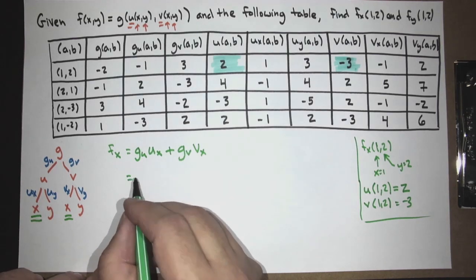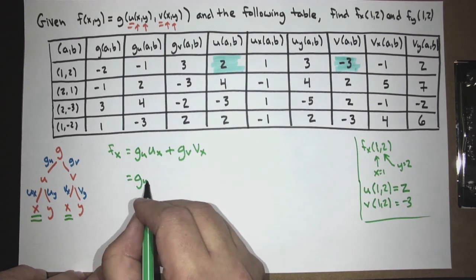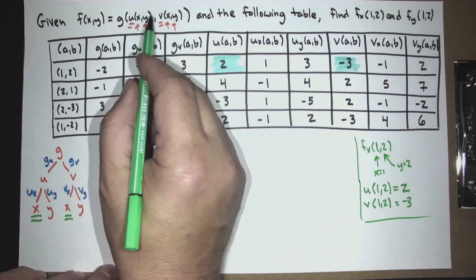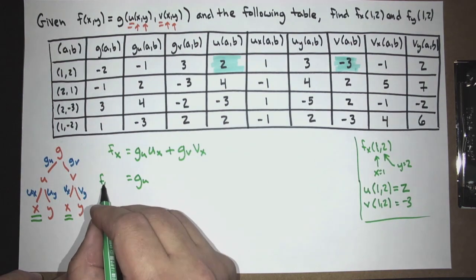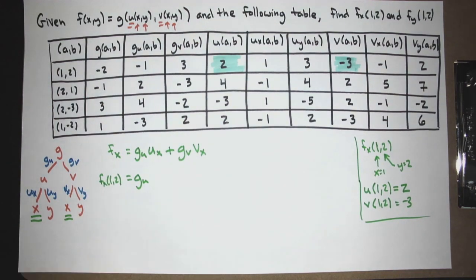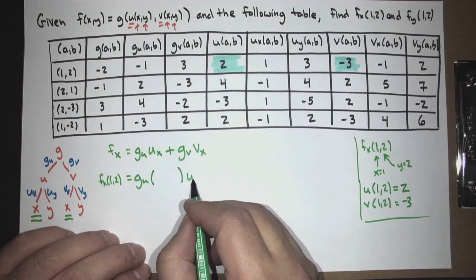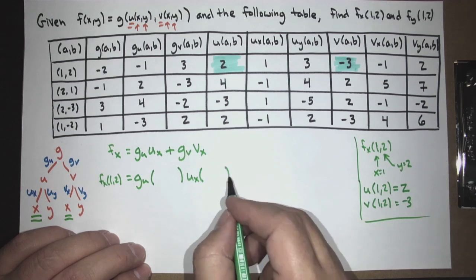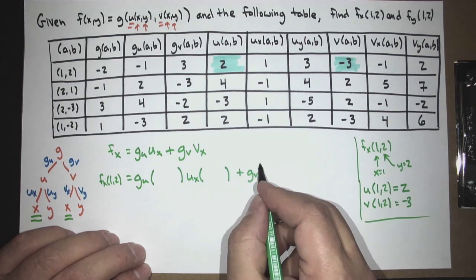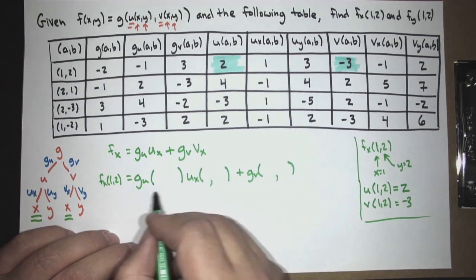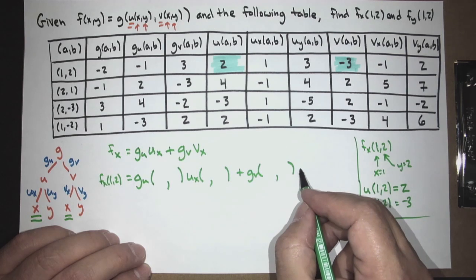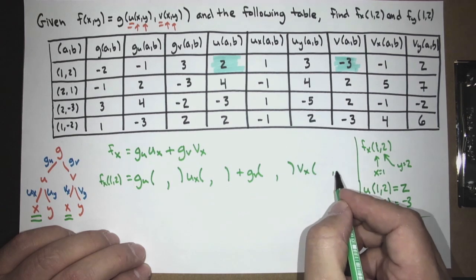Because what do we have? We'll have g sub u, but notice g sub u is a function of u and v. So if I want f sub x at 1, 2, that'll be g sub u at what point? u sub x at what point? g sub v at what point? And v sub x at what point?